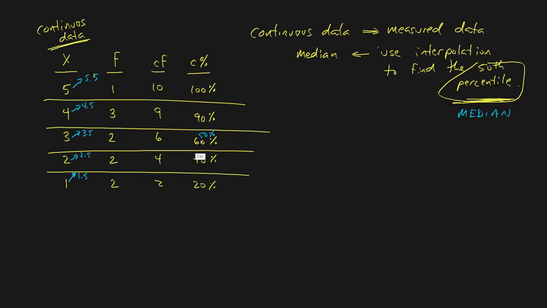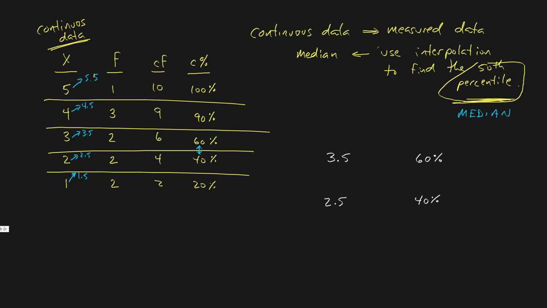And so all that I know is that 50% is somewhere in between these two. What I'm going to do is take this relevant part and reproduce it over on the side. So I'm going to have my 3.5 as the upper real limit that goes with 60%, and then the 2.5 is the upper real limit that goes with 40%.